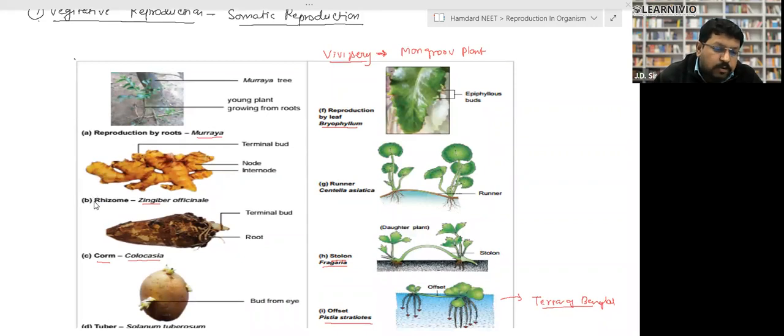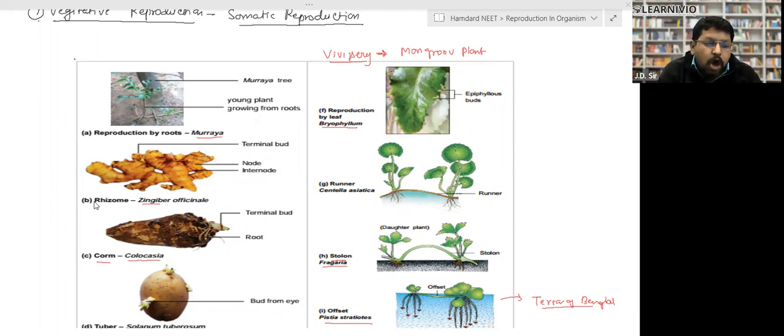So please note it down. Ginger reproduces through rhizome. It is called rhizome. This is neither root nor stem, right?